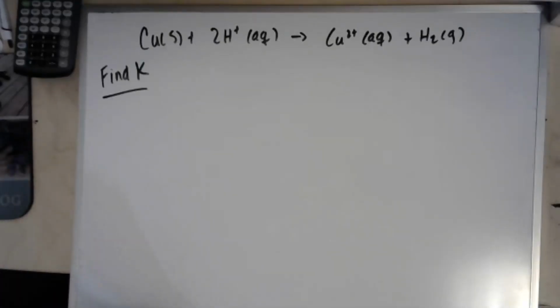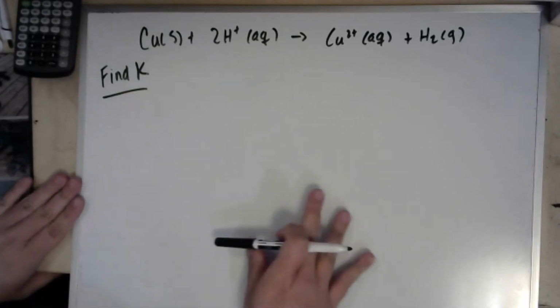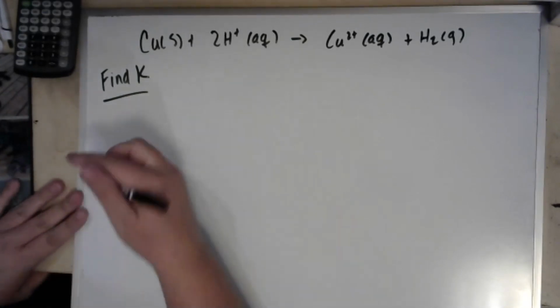Okay, so this question asks us to find K given an overall reaction. And you're going to see that this is very similar to the process that we did before. We're just going to be finding K instead of G. And our equation is just a little bit different.